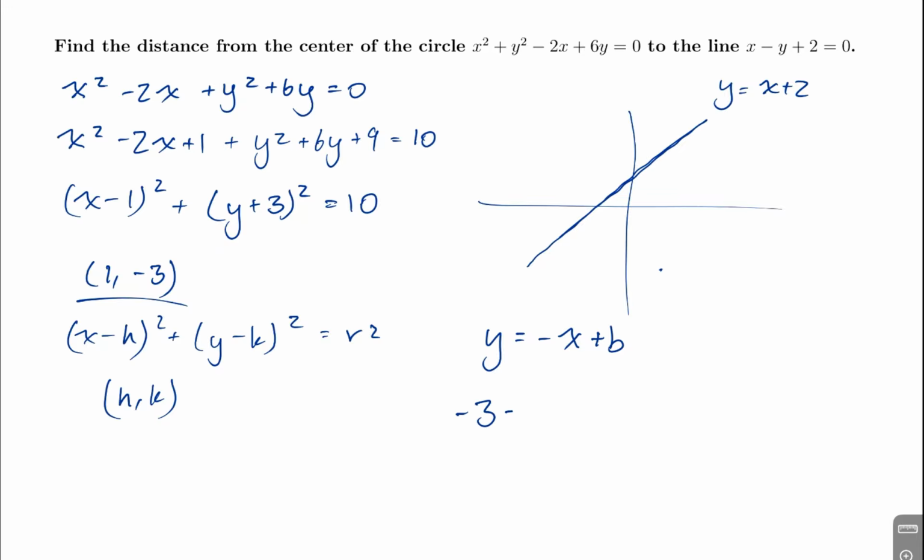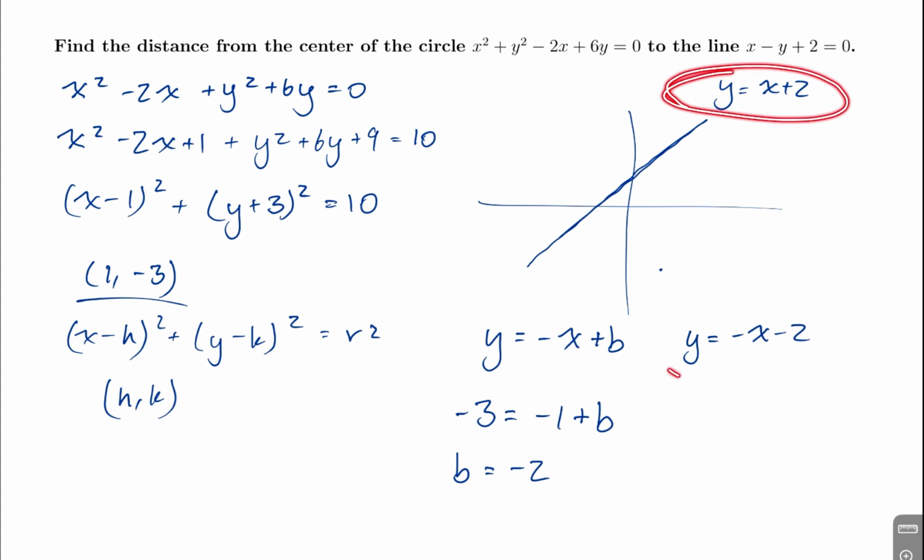So negative 3 equals negative 1 plus b. And so that gives us b equals negative 2. And so the equation of our perpendicular line is going to be y equals negative x minus 2.